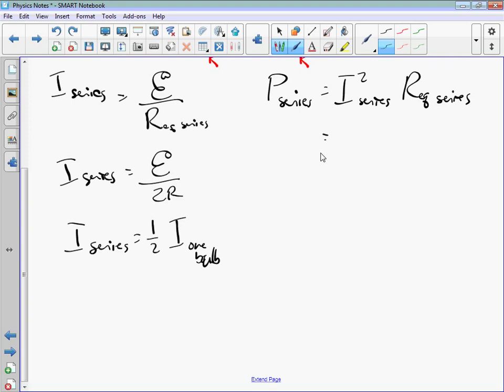Actually, since I want to take this back to EMF and resistance, EMF over my equivalent resistance is equal to the current in series. So E over R equivalent for my series, squared, times the equivalent resistance in series.